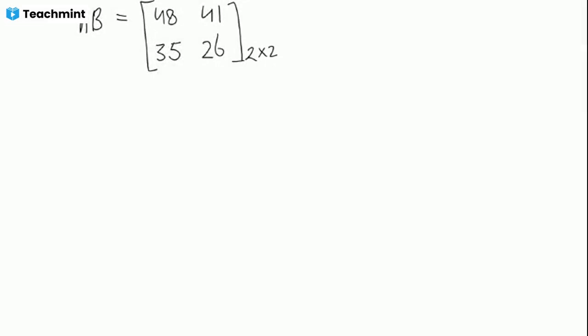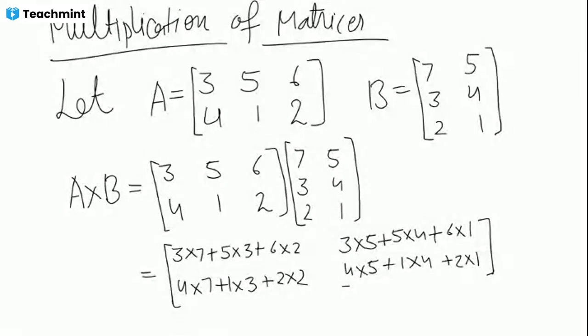Is it correct that 2 by 3 into 3 by 2 matrices will become 2 by 2? This is not applicable always. You need to always check it. It is not always possible to multiply matrices of any order.